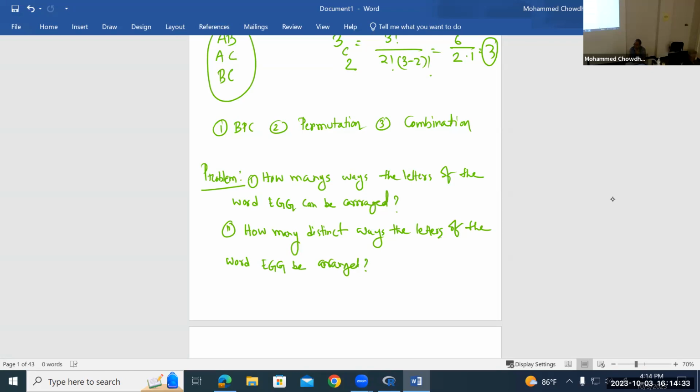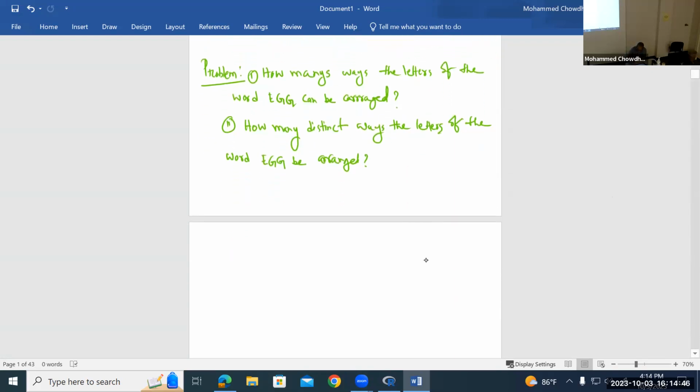What is the difference? There are 2 G, right? Take a look at that. Distinct ways. No distinction. I can write here E, G1, G2, because there are 2 G. E, G2, G1.